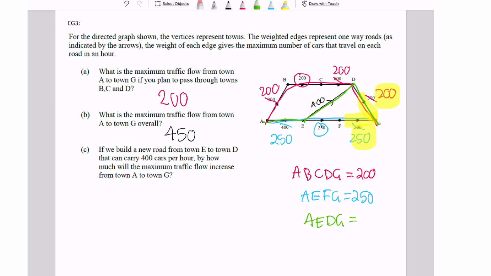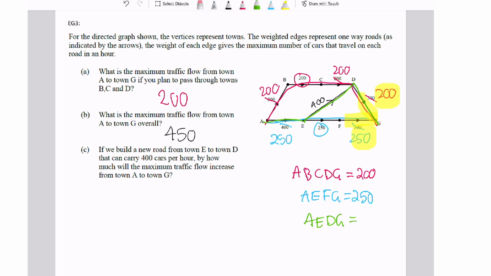Well, smallest number would be 400. My only problem is though, step back and look at the whole thing here. My only problem is I can't use 400 out of the pipe A to E because I've already used 250 out of what it could hold, 400.